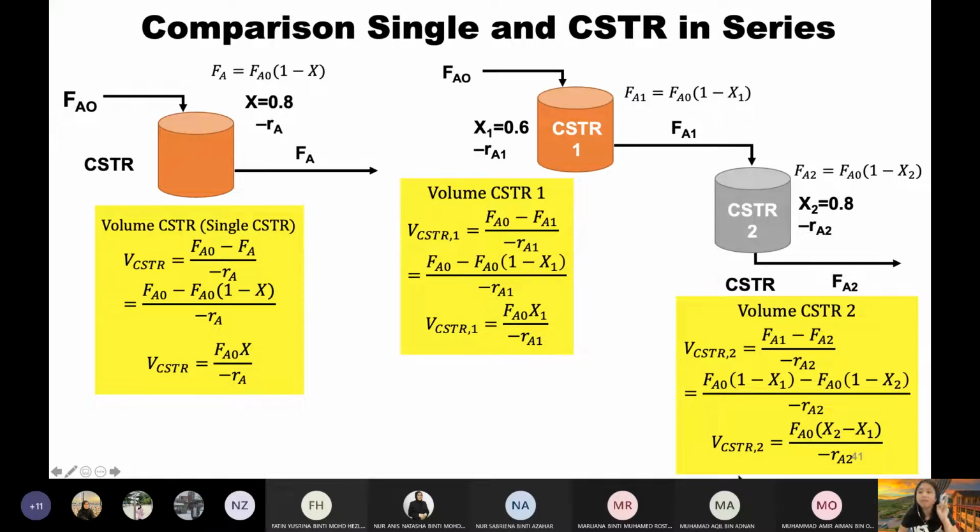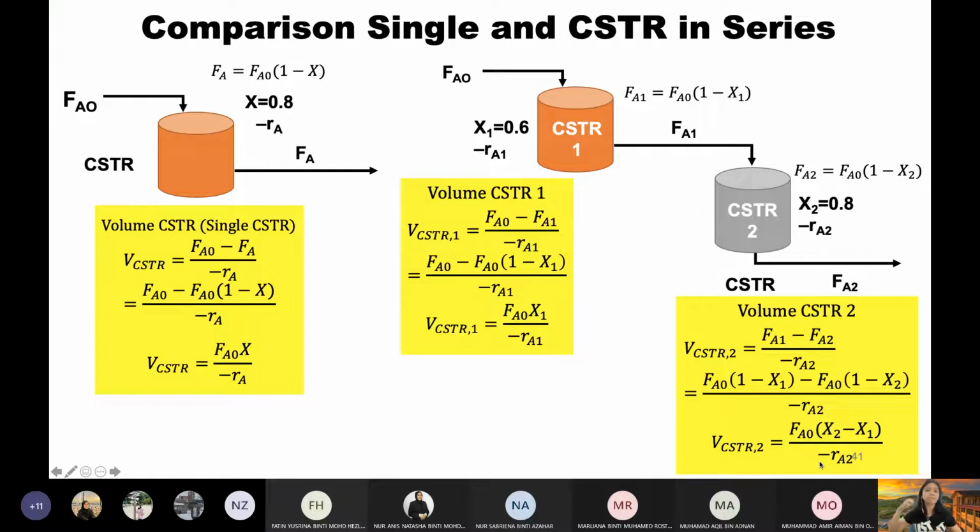Therefore, if I have the third CSTR, the volume will be VCSTR3 equals to FA0 in bracket X3 minus X2 over minus RA3. Itu kalau reaktor ketiga. Okay, kalau reaktor keempat, volume CSTR for the fourth reactor equals to FA0 X4 minus X3 over minus RA4.